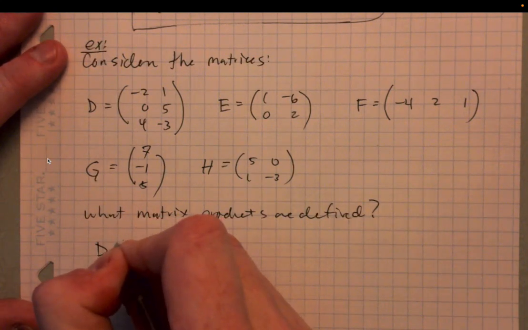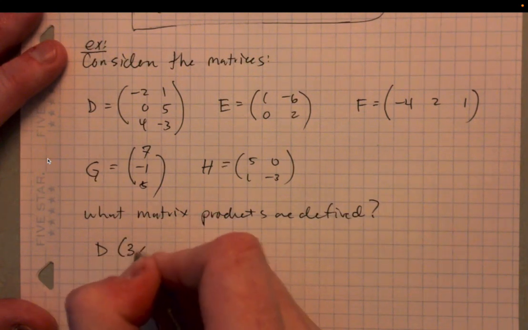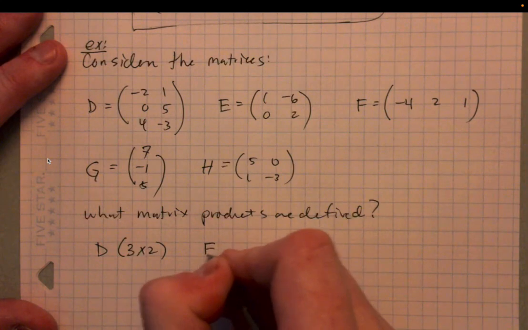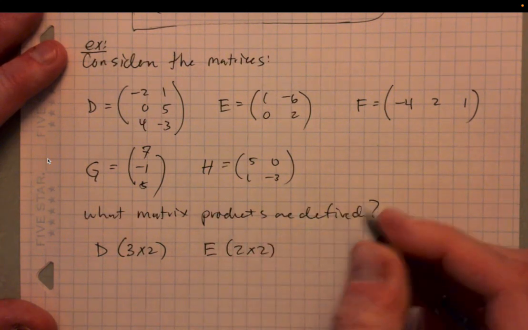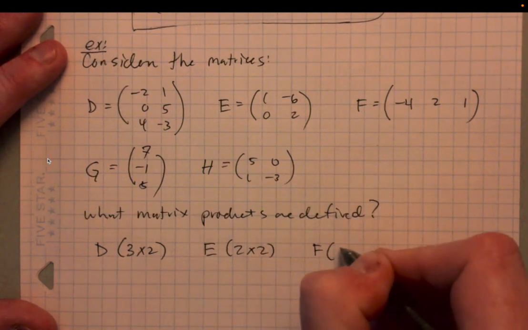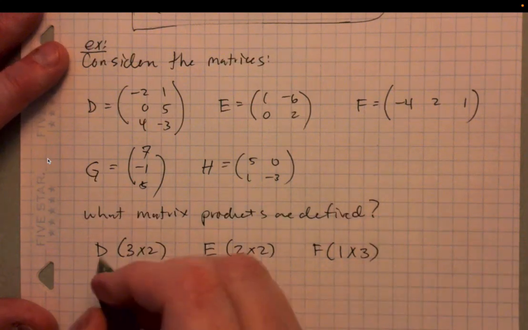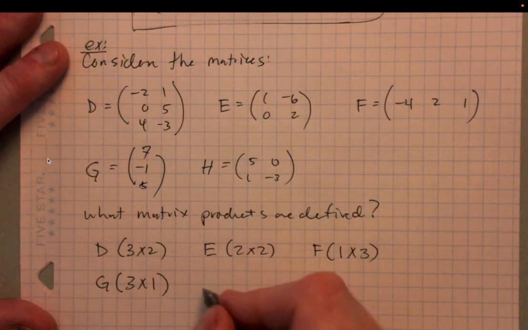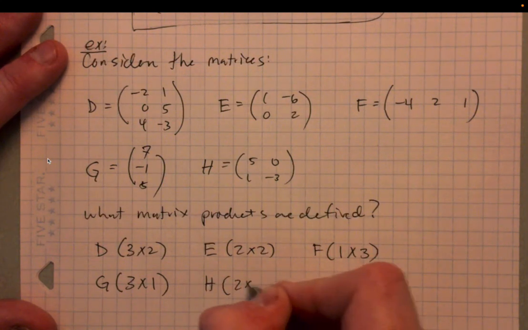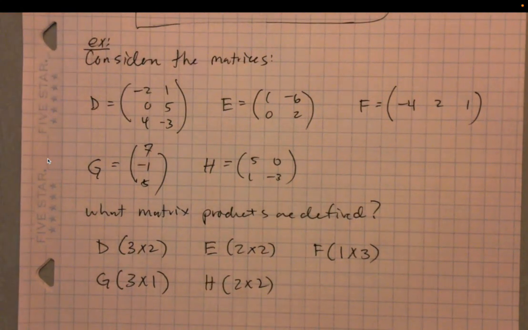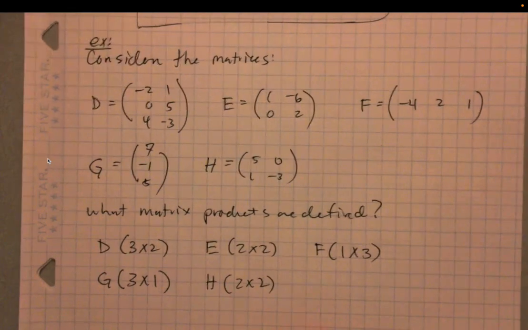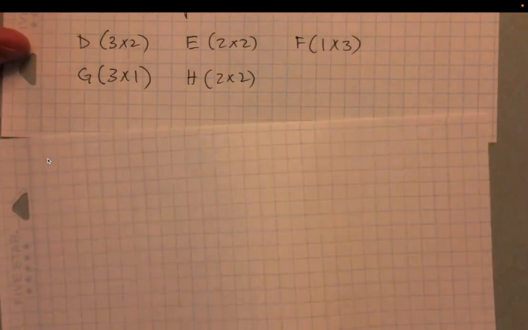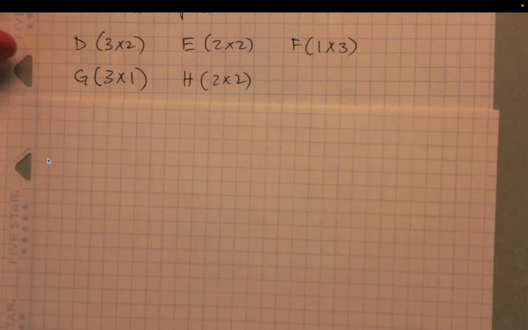So let's think about the dimensions. D is 3 by 2. E is 2 by 2. F is 1 by 3. G is 3 by 1. And H is 2 by 2. Okay, so keeping those numbers in mind, which of these can we multiply together?